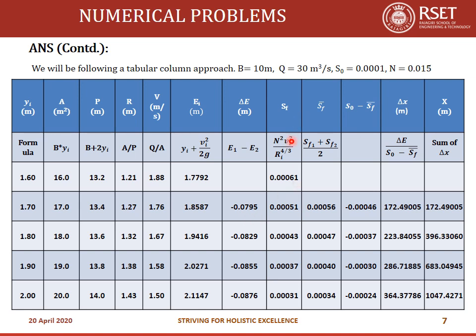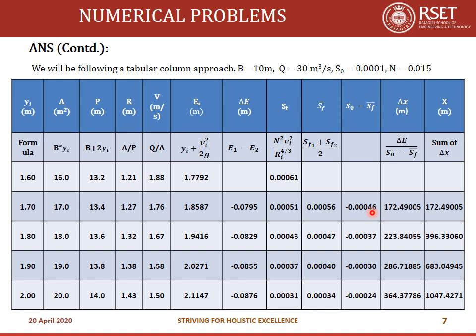Now SF, using this formula n squared V2 squared by R2 raised to 4 by 3, I would be able to get this value. And since I've got SF1 and SF2, I will be able to find out SF bar over here. Now once I get SF bar, S0 minus SF bar is easy. S0 is 0.0001. So S0 minus SF bar, I got it as minus 0.00046.